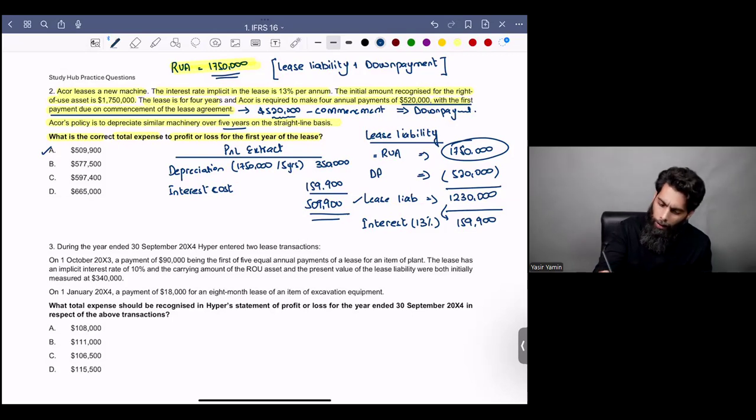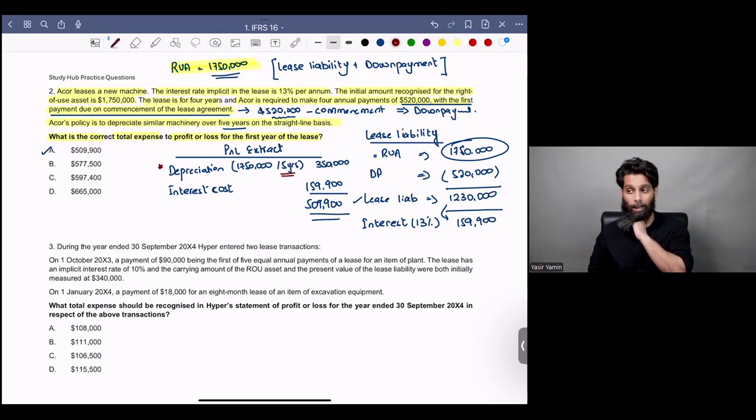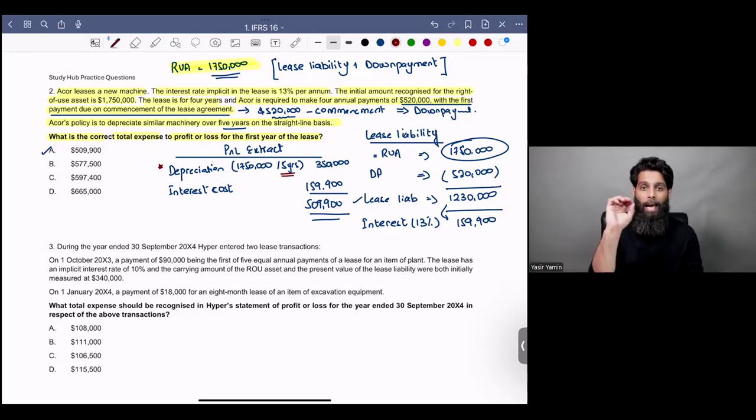Do you guys remember anything with regards to this? The use of useful life. There was a rule. Remember? If the asset is expected to be transferred at the end of the lease term, then you always use useful life.